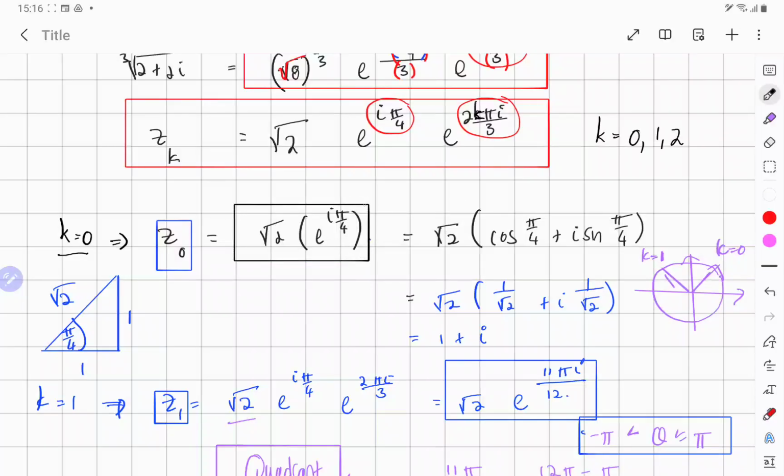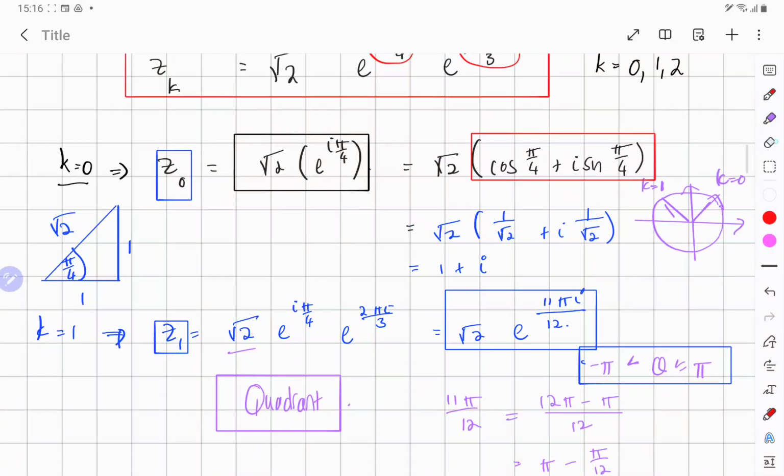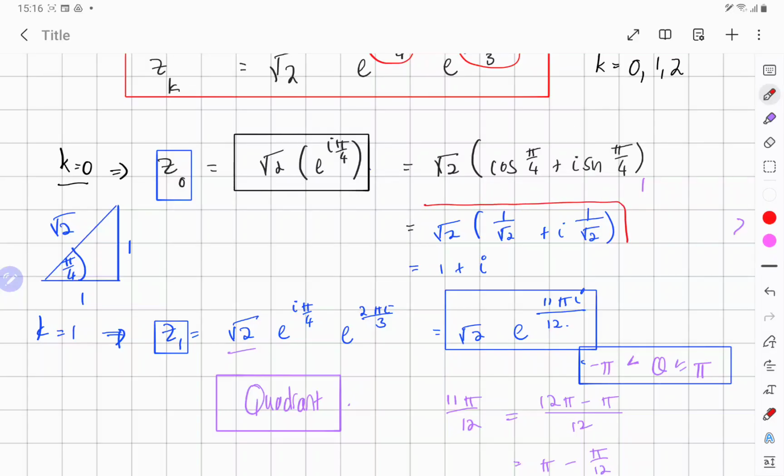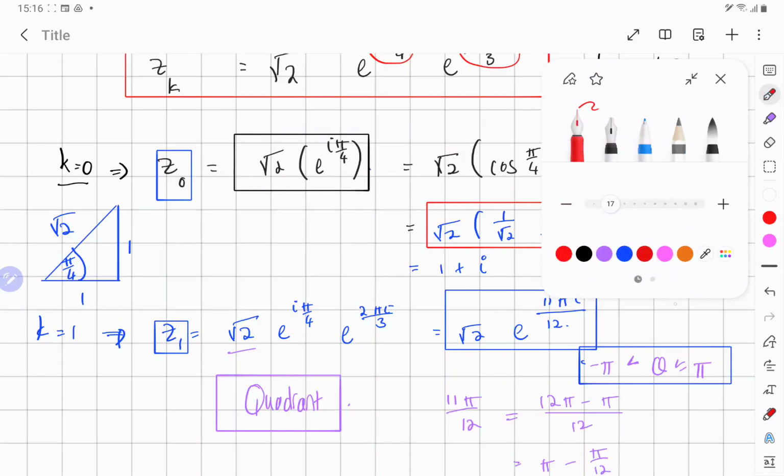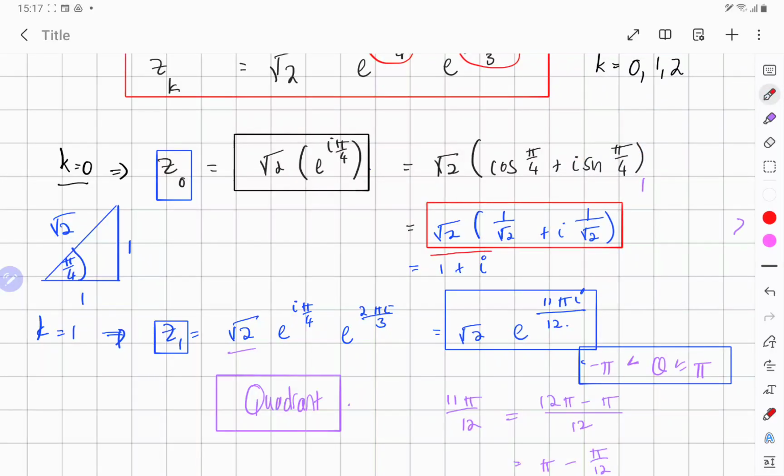And recall, e to the i pi over 4 is cos pi over 4 plus i sine pi over 4, also Euler's formula that you are very familiar with at the moment. The next thing that is very important, cos pi over 4 and sine pi over 4 are both equal to 1 over root 2. And then when I simplify that, I get 1 plus i.